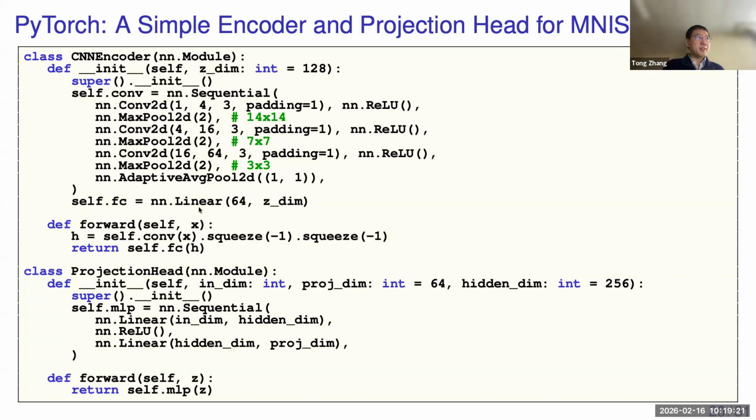This is 3 by 3 with 64 channels, and you pool that to 1 by 1, which means after global pooling it becomes 64 by 1 by 1. So it's basically 64. Then you map to the encoding.